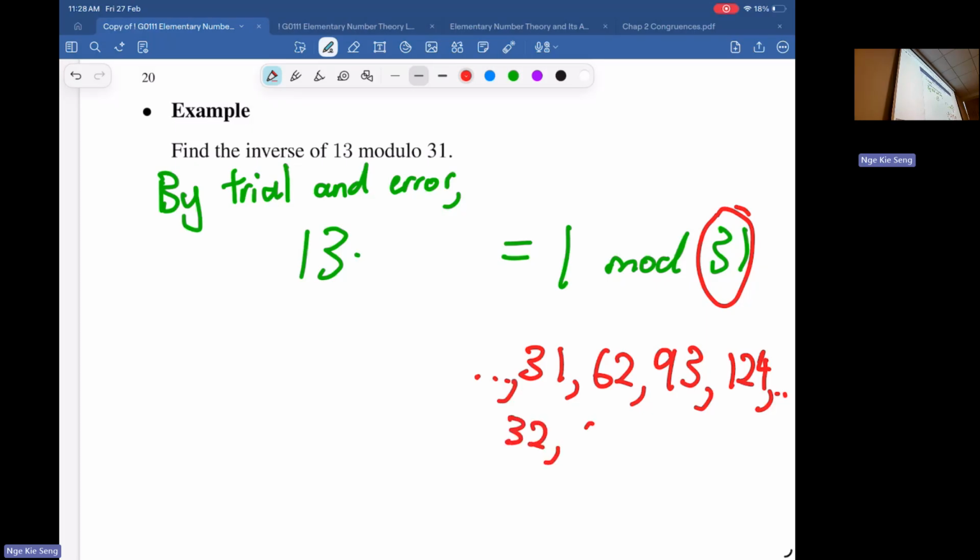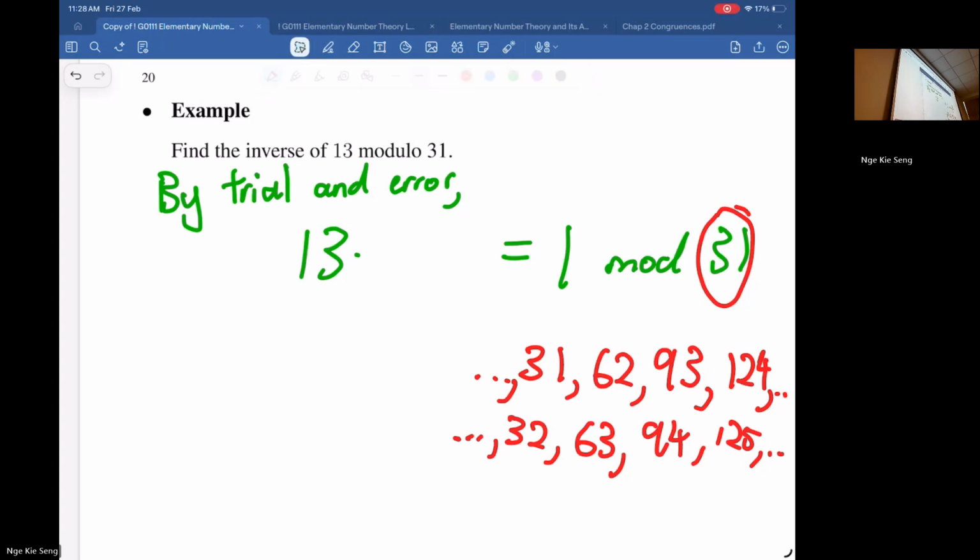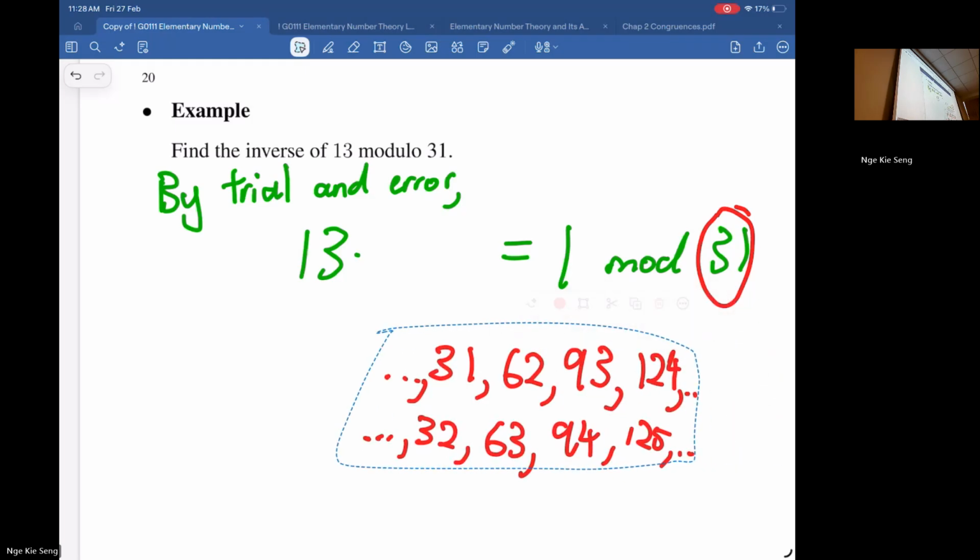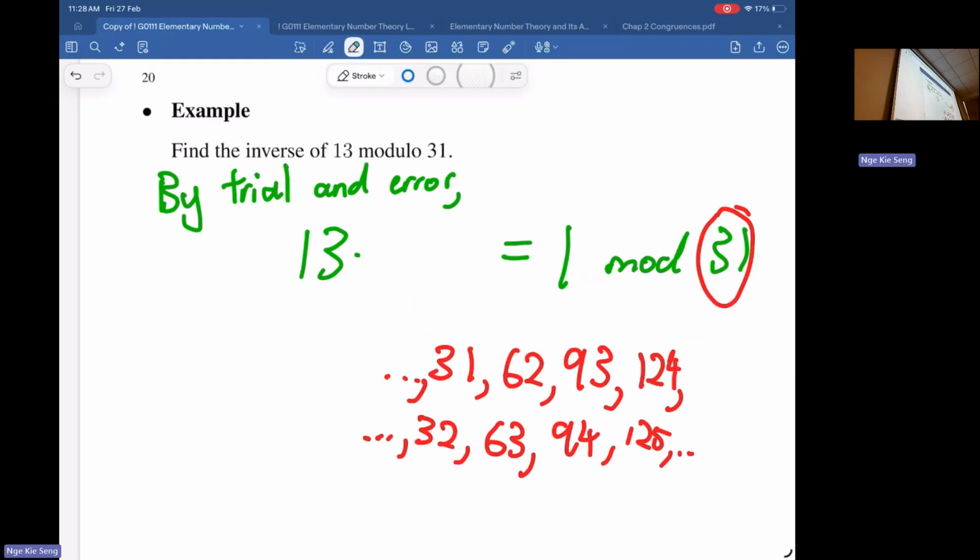So 32, 63, 94, something like that. See which one you can get by 13 multiplied by something. Maybe let's go a bit further: 155 and 156.